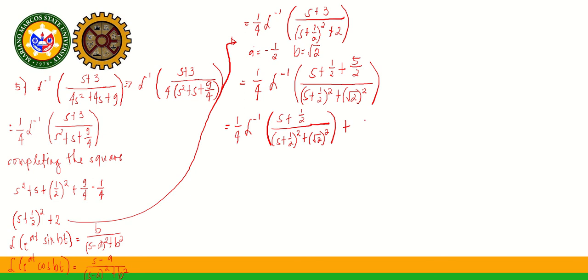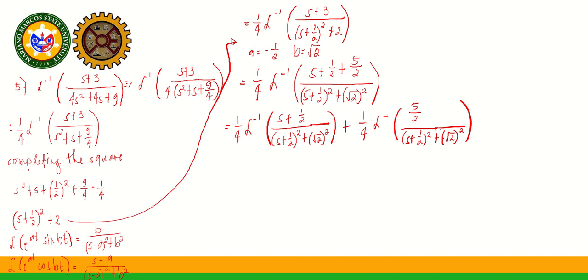And then plus 1 over 4 inverse Laplace of 5 over 2 over s plus 1 half quantity squared plus square root of 2 quantity squared. So ito is tapos na to. Pwede na natin siyang isulat as e raised to negative 1 half t cosine square root of 2t.